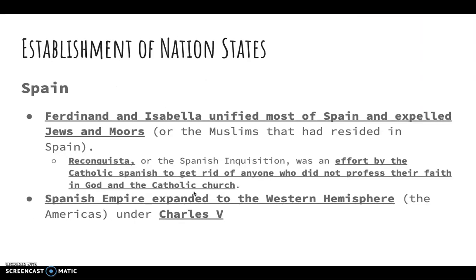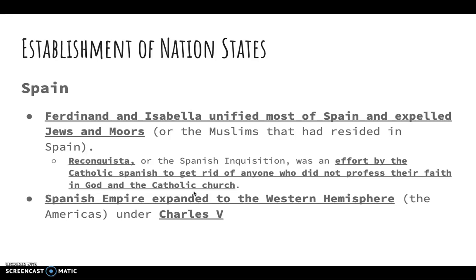In Spain, Ferdinand and Isabella, the two monarchs you may know best for supporting Christopher Columbus, were able to unify most of Spain, and they tried to get rid of all the Jews and the Moors. The Moors are Muslims that had resided in Spain since the Spanish Caliphate was established under the Muslim Empire.